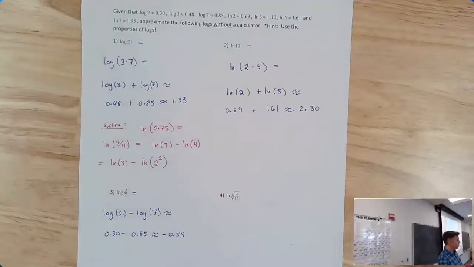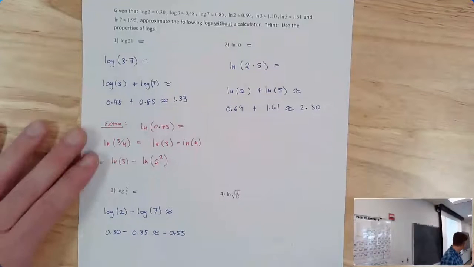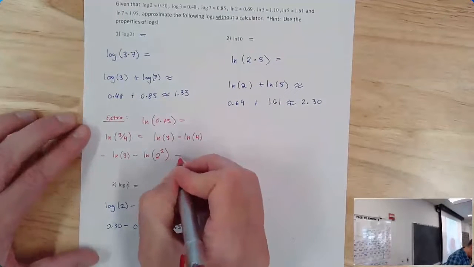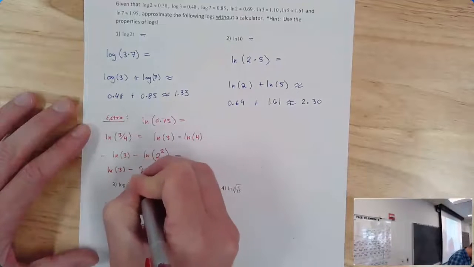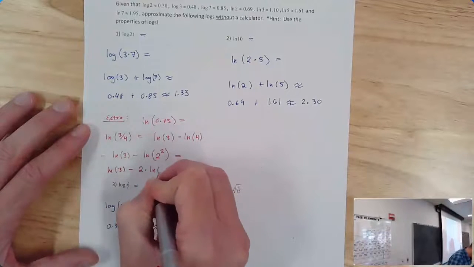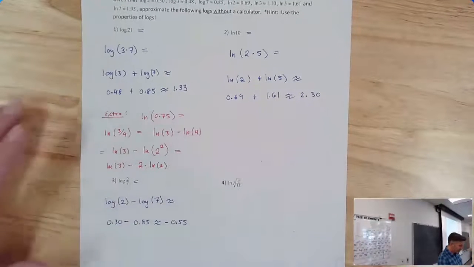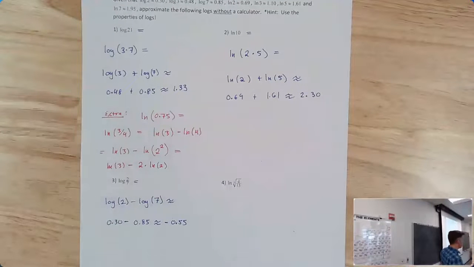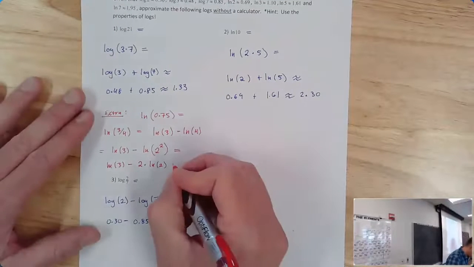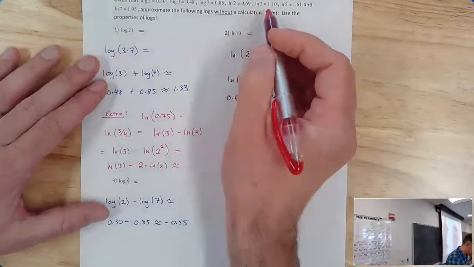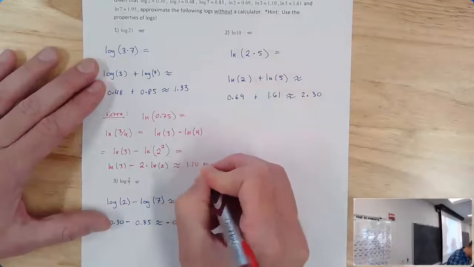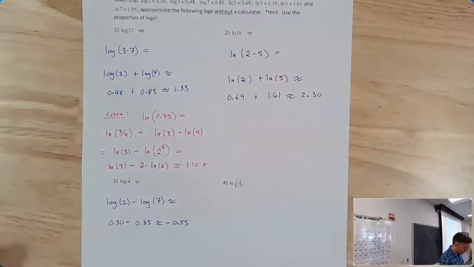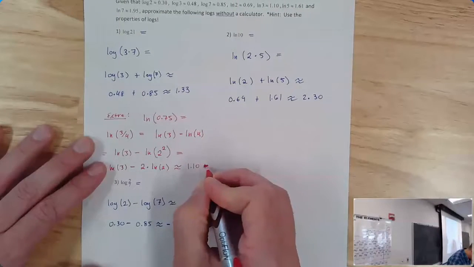And then that power of 2 can come down in front. And we're going to get that this is equal to the natural log of 3 minus 2 times the natural log of 2. And now all the things in my expression are on my list. I know that from my list, the natural log of 3 is approximately 1.10.